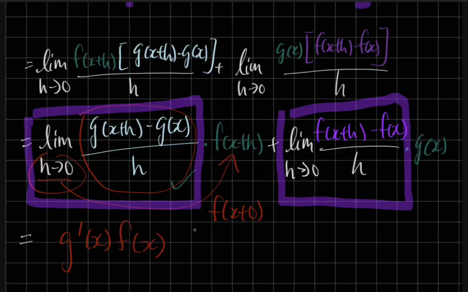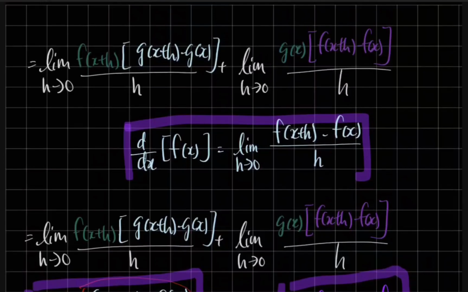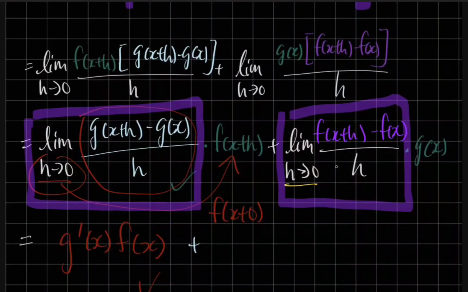This piece is done. Moving on to the next part of the function, plus, let's evaluate this part. Taking the limit as h approaches 0 on this piece is basically f(x+h) minus f(x) over h, which is exactly the same as what we have in our first principle. So it just gives us f prime of x.